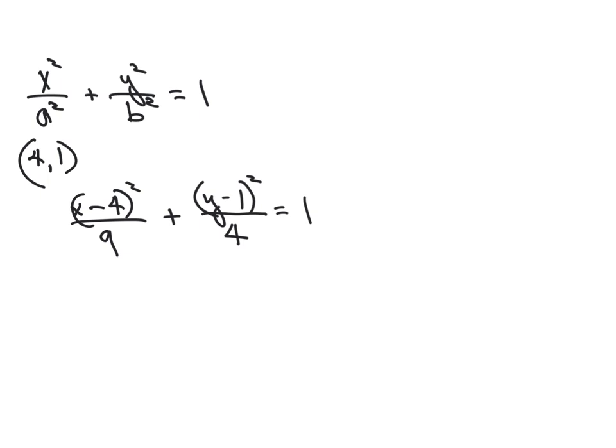So for these ellipses, and if I accidentally say hyperbola, just ignore me. So for these ellipses, the center is going to be the opposite of this, okay? So if you're given the center, you write the equation as its opposite, x minus 4, y minus 1. If this was a negative 4, it would be x plus 4, y minus 1.